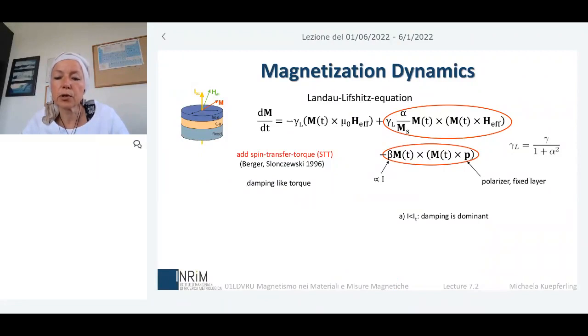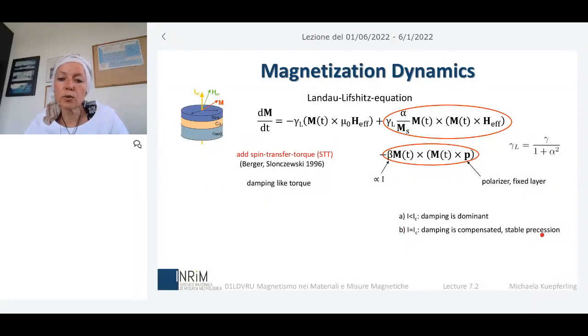For example, the current can help the damping, or let's say is so small that the damping is still dominant. And this is case one. So damping is dominant and the current is smaller than a critical current.